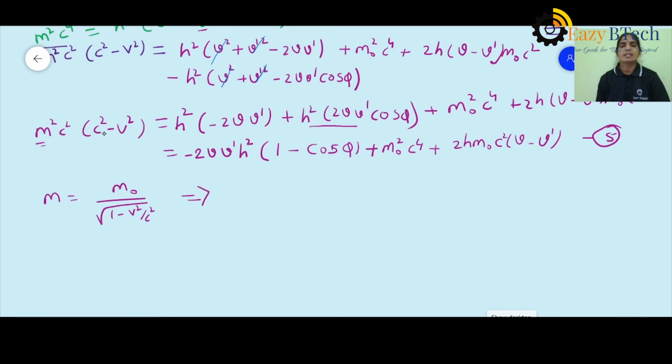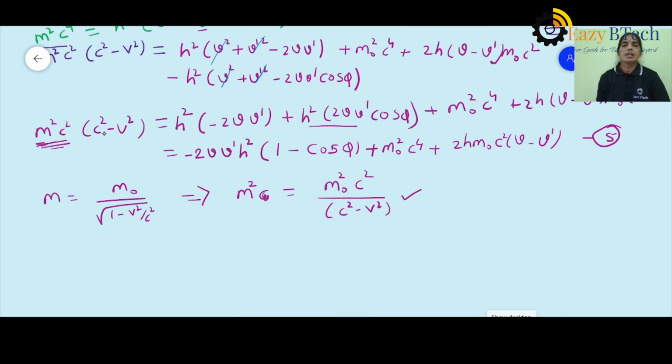If I square this expression, it becomes m square equal to m naught square c square by c square minus v square. Now use this m square in equation number 5.